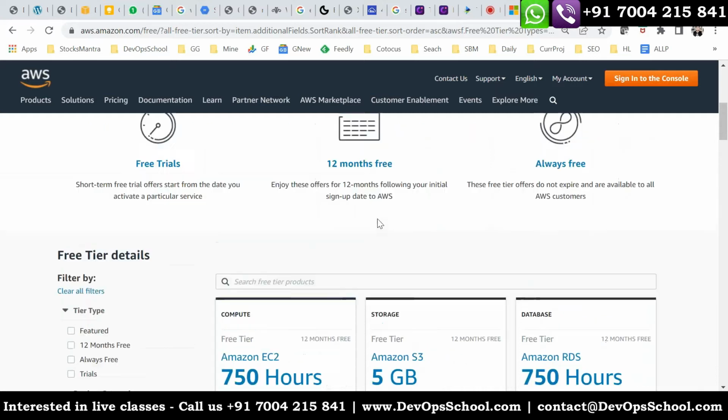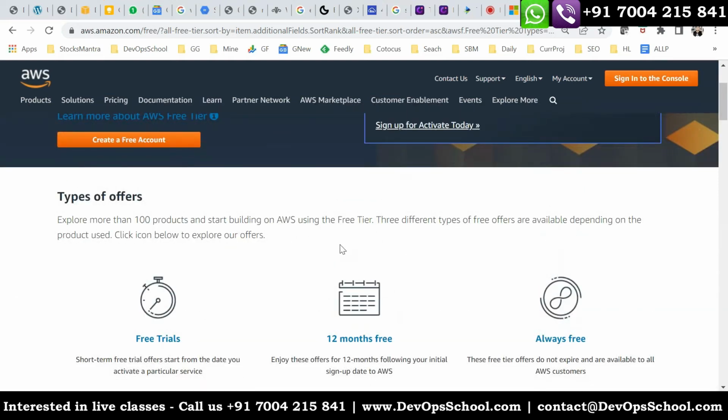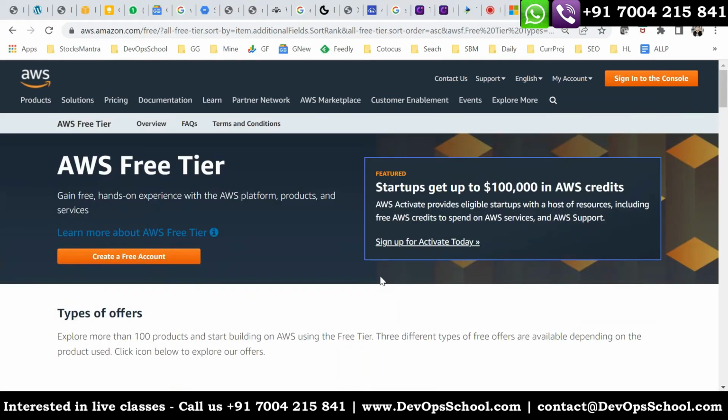Okay, so that's a good question. Let me tell you here. You need to check this with your project actually. There are certain times when your organization will tie up with AWS, and the moment you use your organization email ID, they will give you certain credits by default.